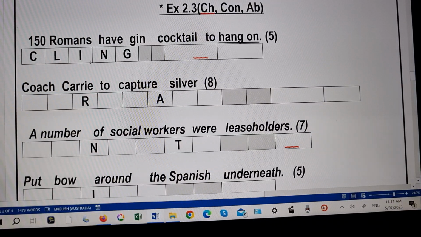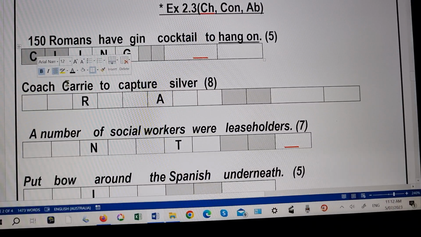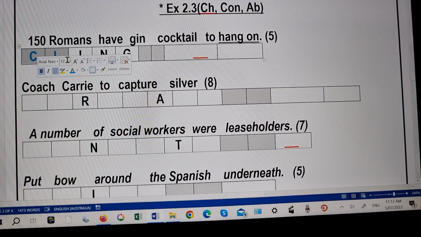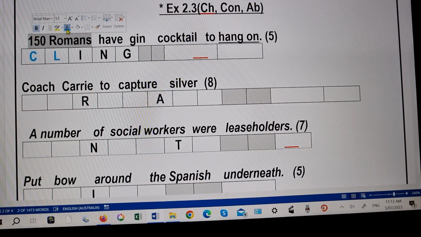Can we prove it? Well, there's your CL. And what's the CL? That's your 150 Romans, isn't it? And what's this, ING? That's gin rearranged. And of course, I missed it. Cocktail.